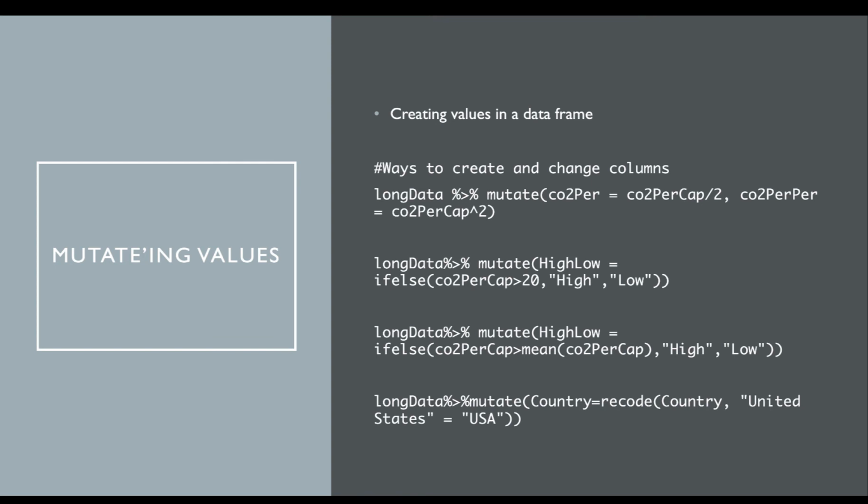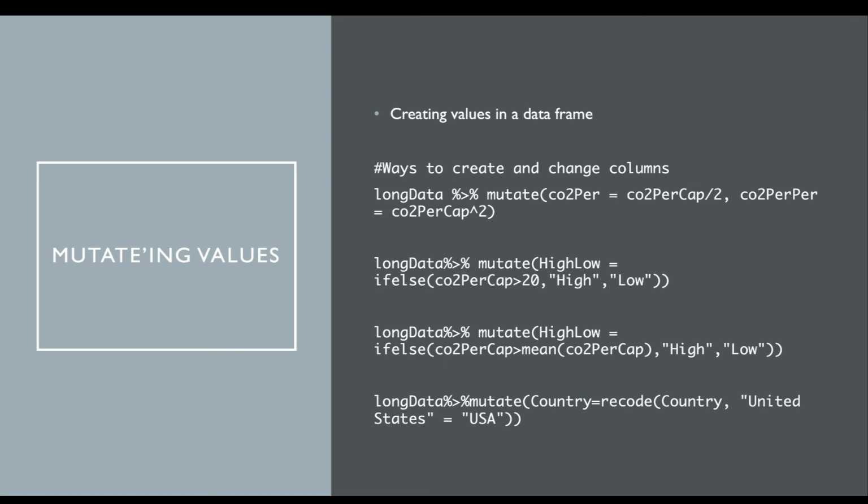What the mutate function is doing is taking CO2 per capita and creating a new column, CO2 per, which is set to CO2 per capita divided by 2. And CO2 per is equal to CO2 per capita raised to 2.